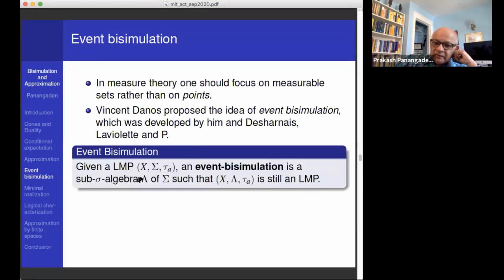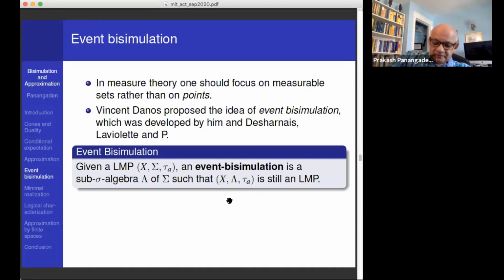So we're given a labeled Markov process in the traditional sense, with the tau now being a Markov kernel. We'll say that an event bisimulation is a sub-sigma algebra of the original sigma algebra sigma, such that when you restrict to that sub-sigma algebra, you've still got a labeled Markov process, which means that tau A, when it acts on lambda measurable sets, will produce lambda measurable sets.